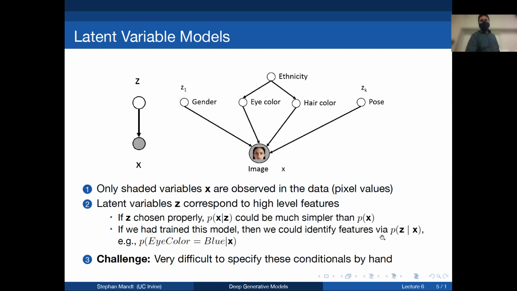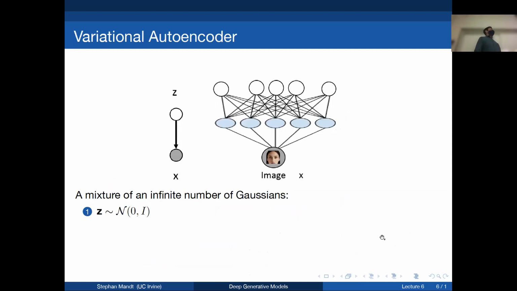All right. Okay. So what is then the variational autoencoder doing? It's essentially a similar idea, but we're modeling now all of these latent variables much more in a black box fashion. In the following sense, we still have a generative model over images. We still have the same structure going from Z down to X. But as you see here, there's a bunch of nodes responsible for explaining the image.